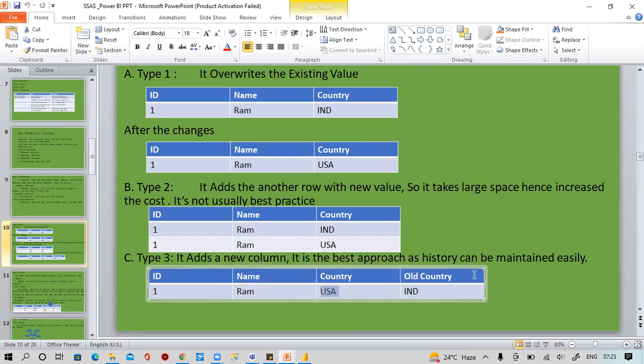Some people maintain a flag also, active, inactive, kind of. So even if you answer this question, yes, there are three types of slowly changing dimensions, type 1, type 2 and type 3, and then give the example, that's okay. Then definitely they will ask one more interview question: which type is good, which type is better?